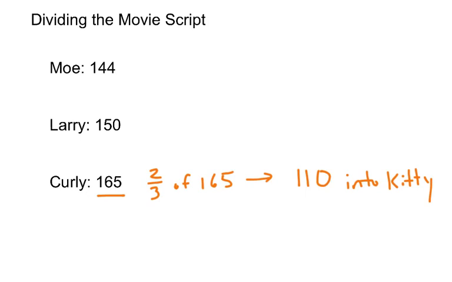Larry bid $150. He didn't get the movie script. There are 3 people involved in the division, so he's entitled to 1/3 of his $150 bid, which means Larry is going to take $50 out of the kitty.